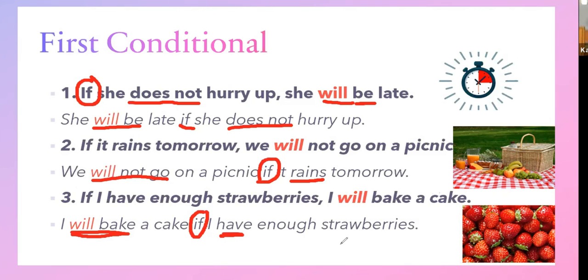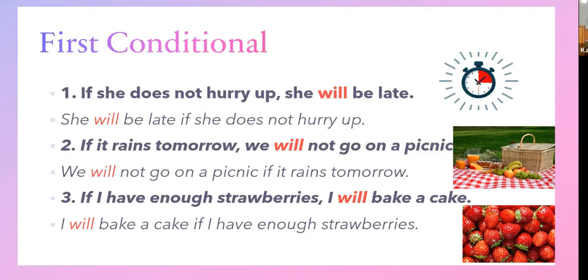Okay? So look at this, it's kind of like a cause and effect situation. If I have strawberries, I can bake a cake. If I do not have strawberries, I cannot bake a cake. Okay? So questions up until now of first conditional.